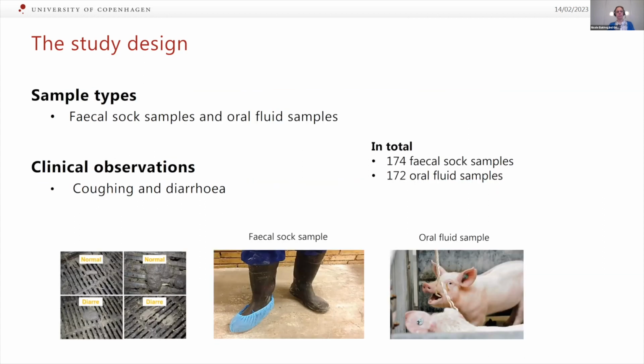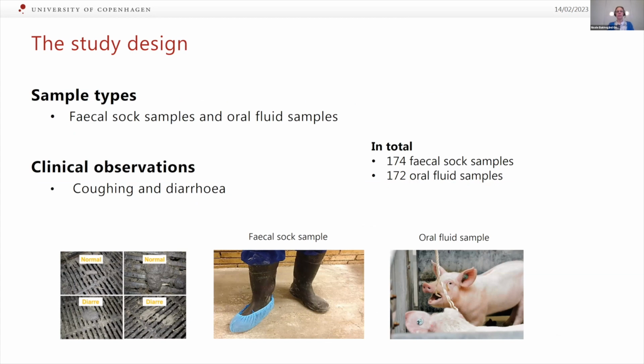The sample material we collected were fecal sock samples and oral fluid samples. The fecal sock samples were obtained by putting a sock on the outside of the boots, and then you walk around in the pen for a while.